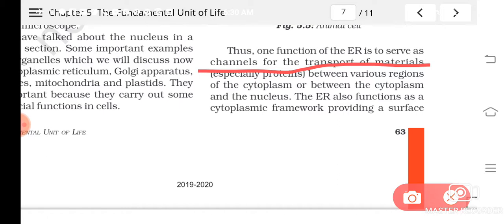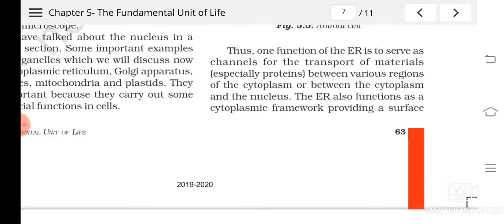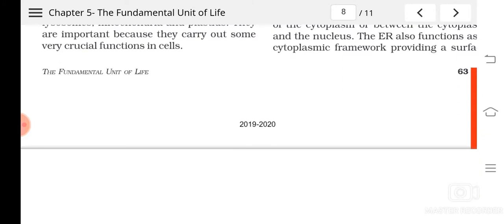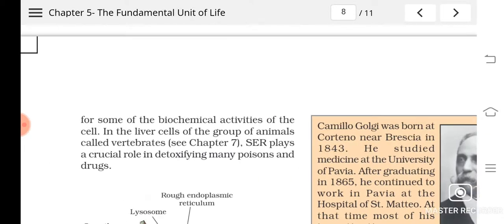Then it functions as the cytoplasmic framework, giving strength to the cell. And in liver cells, SER also helps in detoxifying many poisonous drugs. If any chemical or toxic substances enter the body, the liver plays an important role, especially the SER present in liver cells, which helps in detoxification.